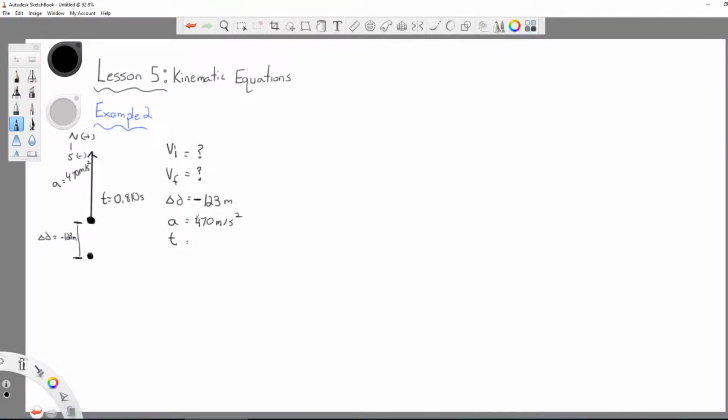And time was 0.810 seconds. This is the most important step, I would say, of any of these kinematic problems, and I would recommend that you always start with the same process.